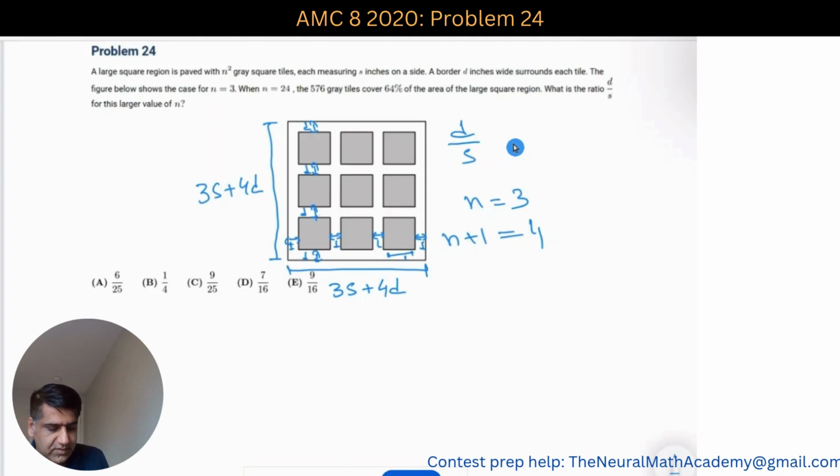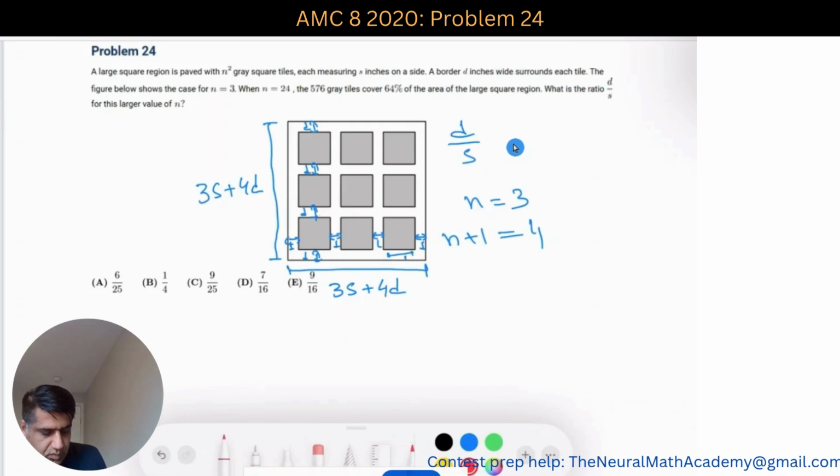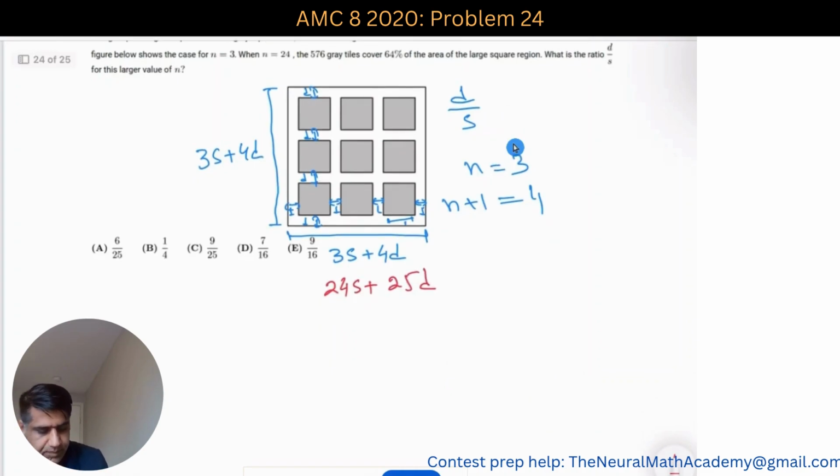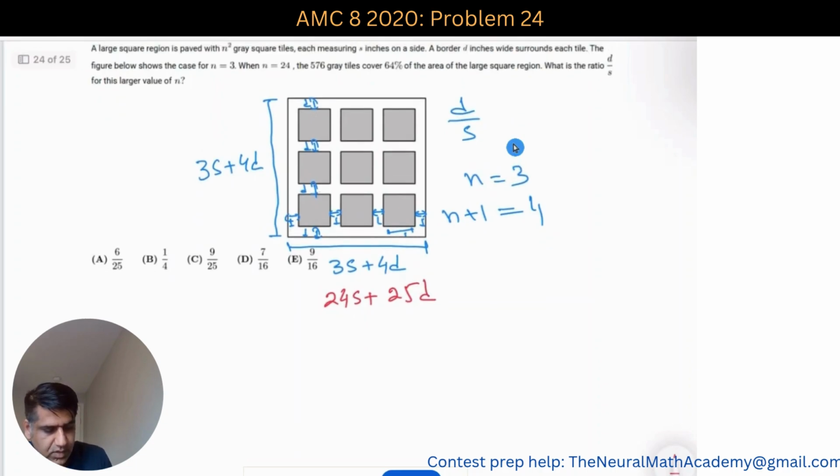The side length of the larger square would become 24s plus 25d. So in order to find the ratio d over s, I can express everything in terms of the ratios of the areas, because I am given that 576 gray tiles cover 64% of the area.